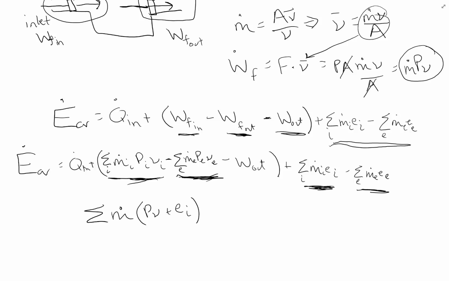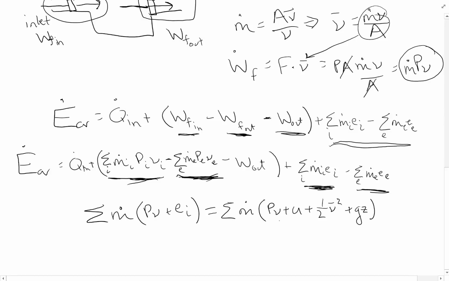So combining those into the same summation, you should end up with m dot times the product PV plus the specific energy. So if now I expand out the specific energy into all its terms, this is the sum of m dot times PV plus U plus 1/2 velocity squared plus gz.